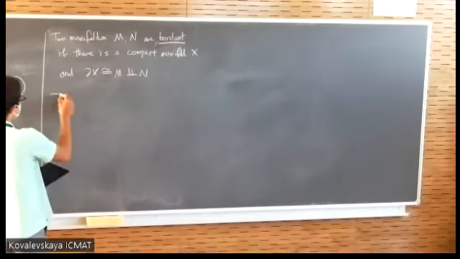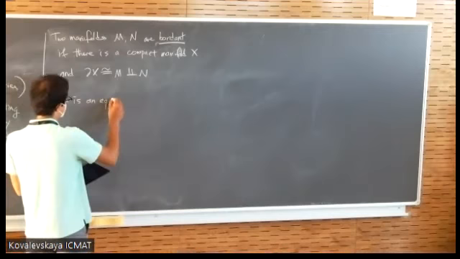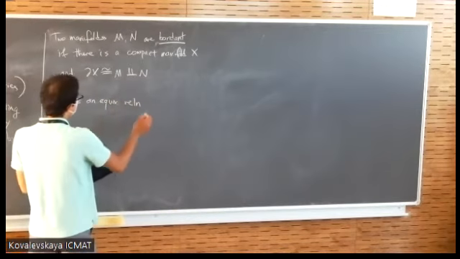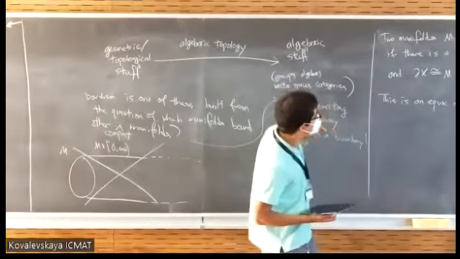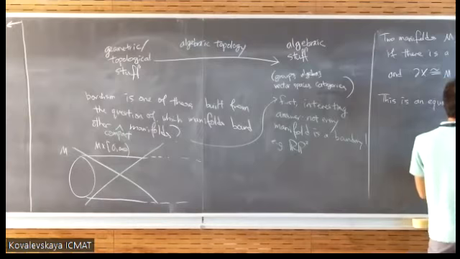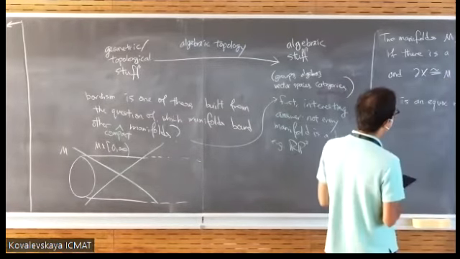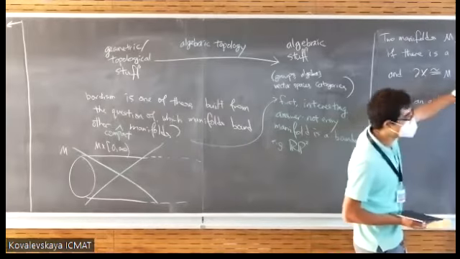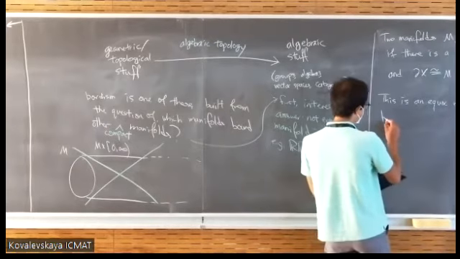So this is an equivalence relation. I'll walk through the 3 things. For reflexivity, M is bordant to M by the cylinder, M cross the interval. It's symmetric: if I have a bordism from M to N, I can turn that around to a bordism from N to M. And it's transitive because bordisms glue.